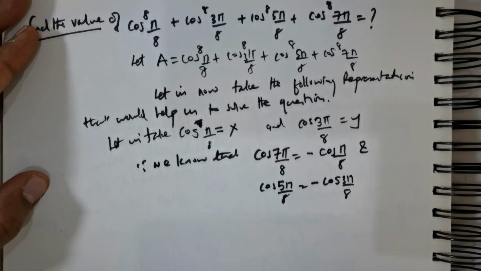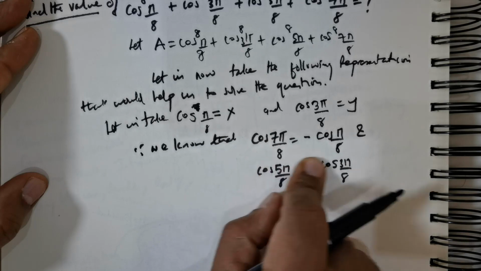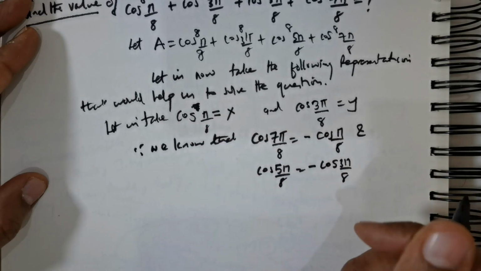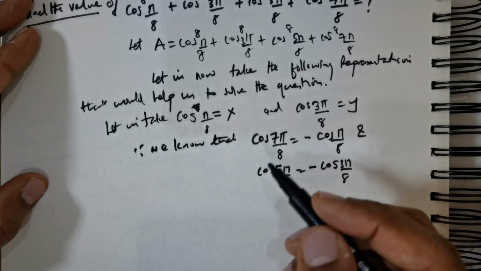Because of that, I am able to represent cos(7π/8) in terms of x, so we wouldn't have to utilize any other substitution.